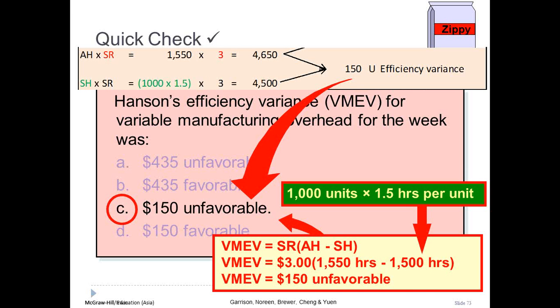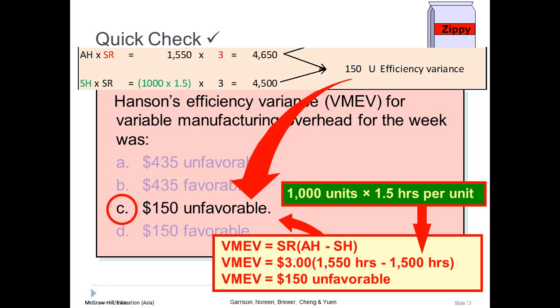We find the variable manufacturing overhead efficiency variance by multiplying the standard rate for variable manufacturing overhead times the difference between the actual hours of labor and standard hours of labor.